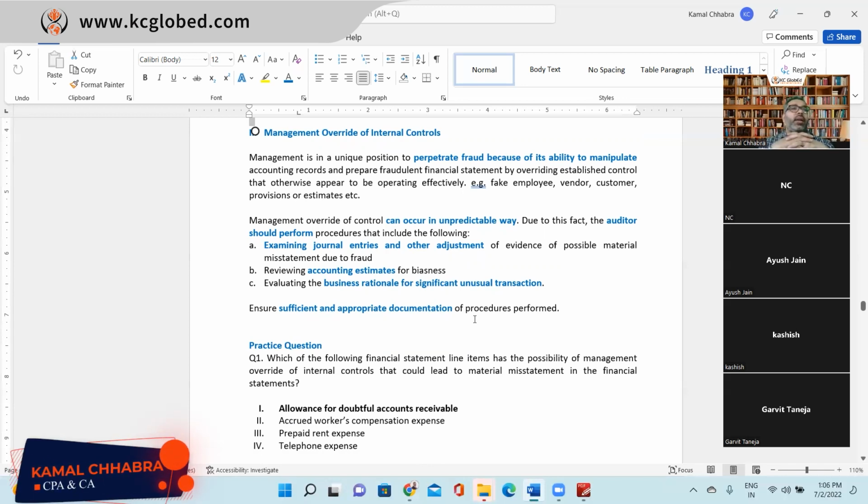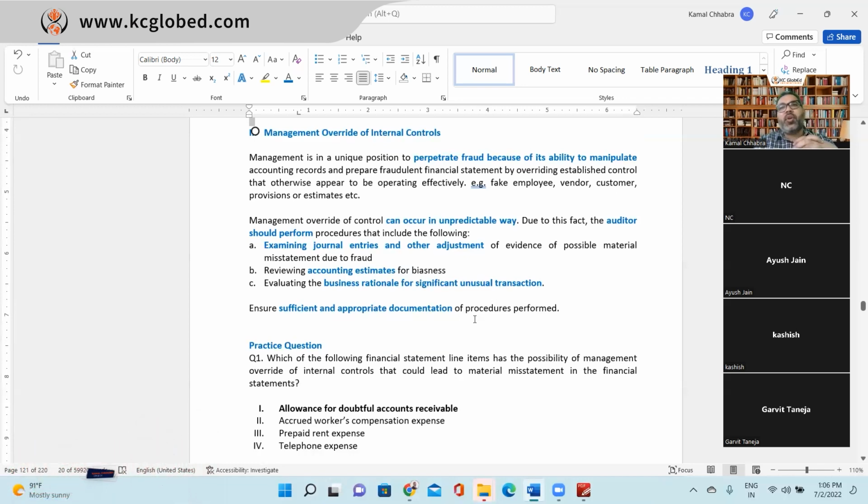You are at a controllership position, say a finance controller, and you finalize their pay scales, promotions, increments and bonus. So they are ultimately reporting to you. If you say our provision should be $10 million instead of $15 million, then probably they pass those entries under the influence. Then it also comes under management overriding of controls.